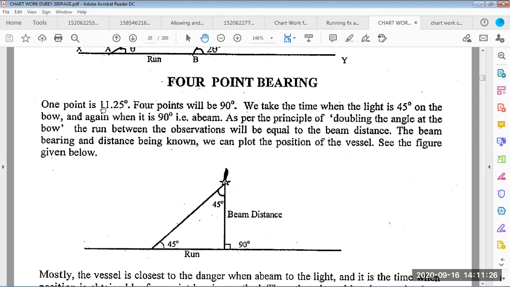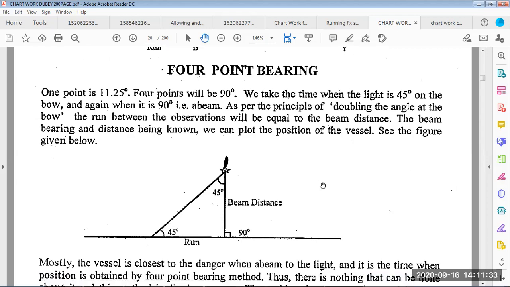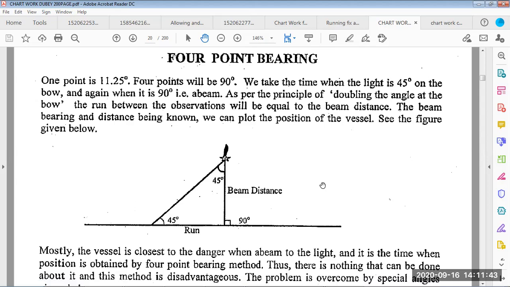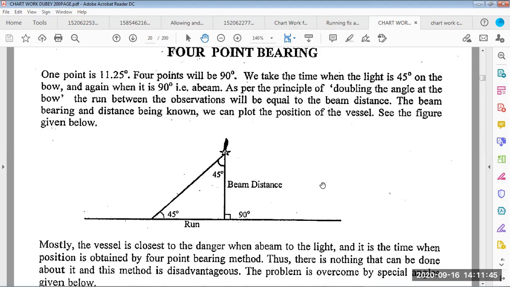One point is 11.25 degrees, so 4 points will be 90 degrees. So we take the time when the light is 45 degrees on the bow, and again when it is 90 degrees, that is abeam. As per the doubling the angle on the bow principle, the run between observations, that is the distance run by the vessel, will be equal to the beam distance.